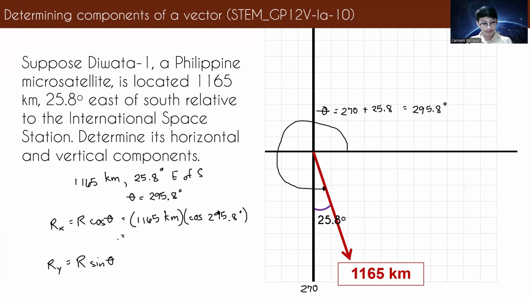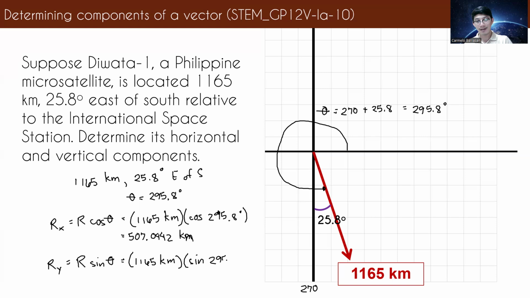So that is 1,165 times cosine of 295.8 equals 507.0442 kilometers.